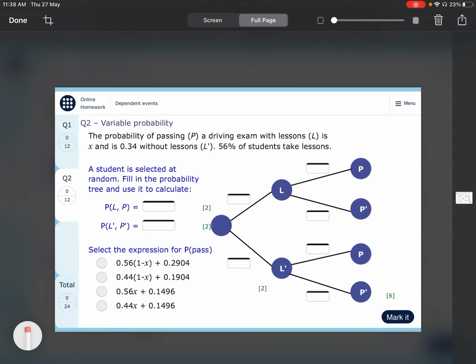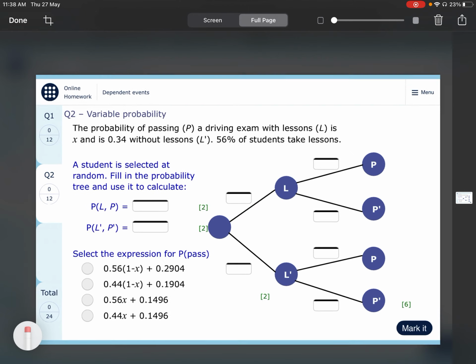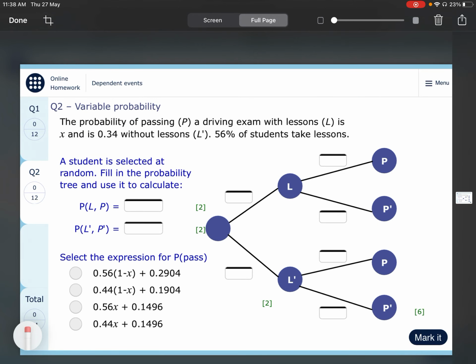Then understanding the letters, so lessons for L, not lessons for L dash. P is passing and not P is not passing. So we've understood the problem. Now we need to look at the different probabilities.